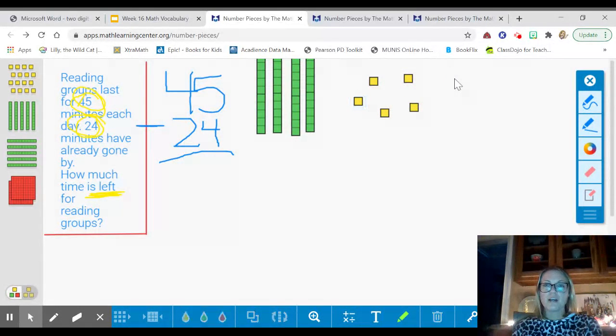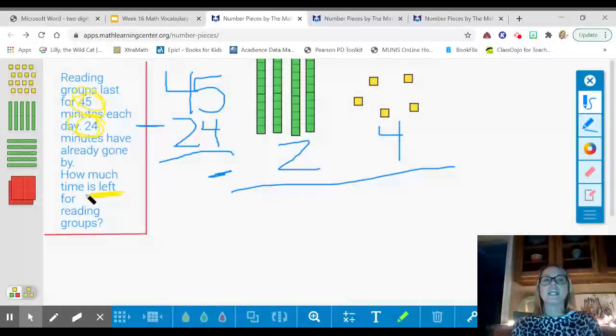Okay, now I'm going to subtract my smaller number, which is 24. I'm going to take 24 away from 45 to see how much I have left. Okay, so I know I need to take 4 ones away. 1, 2, 3, 4. I'm left with 1 because 5 minus 4 is 1.